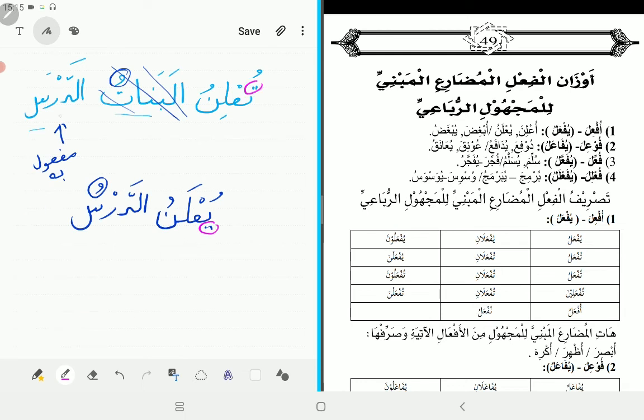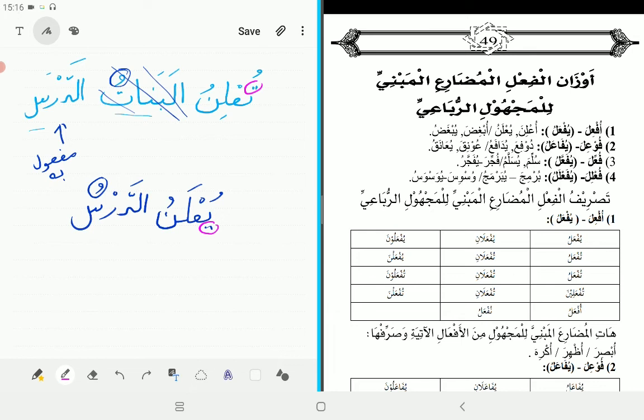Because you have to pay attention to the object. The object is now masculine, and it's substituted the fa'il. So if the object is the substitute of the fa'il, the na'ib fa'il, if it's masculine, then the verb must also be masculine. It will not be appropriate at this stage to say tu'lanu. Why? Because the dars is masculine. So it's yu'lanu darsu. I believe that's واضح? جيد.